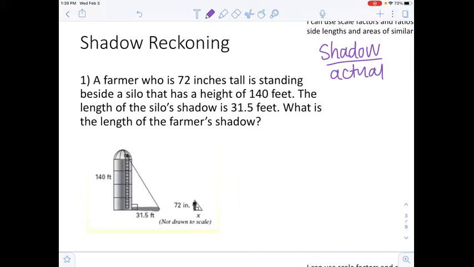And there's 2 things here that we're working with that we're going to set up a proportion: the silo and the farmer. So I'm going to do shadow over actual as a reminder, and then up here, silo and farmer. This is going to help keep things organized. It's always good to make a chart like this when you're setting up these proportions.